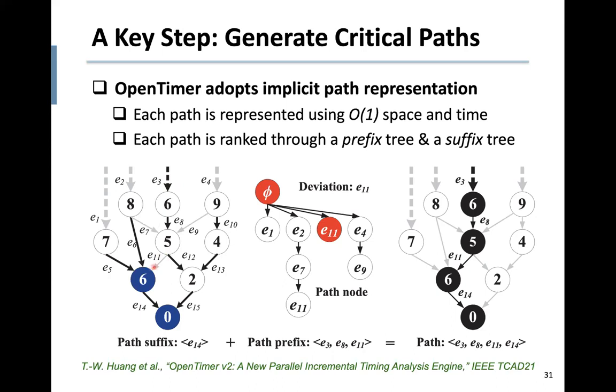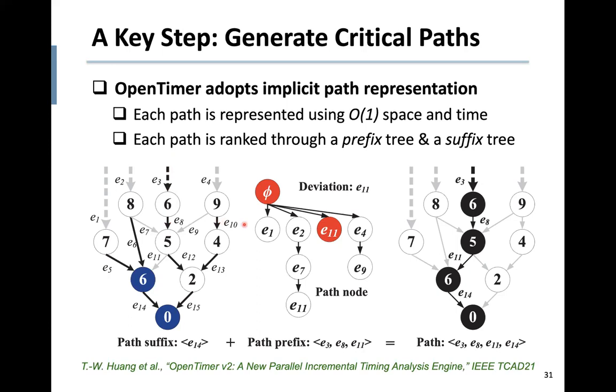Each deviation represents a prefix of a path because that's where you start deviating. So we can keep expanding the deviated path and maintain a priority queue to keep track of the top K critical paths. And this criticality is defined with respect to an increasing order of slack values.